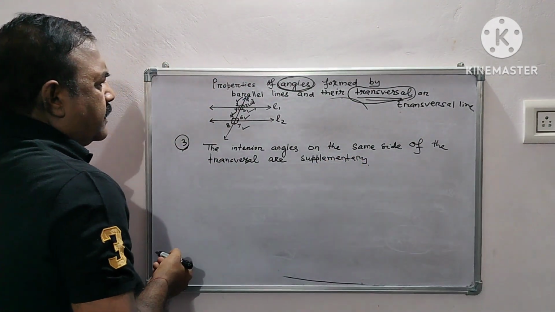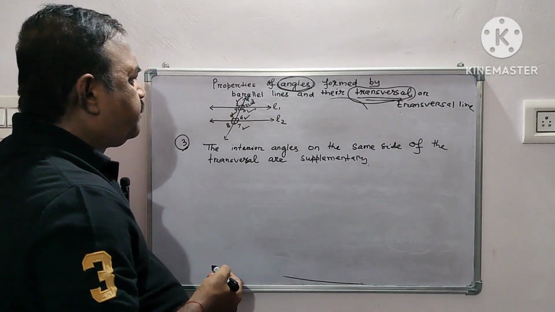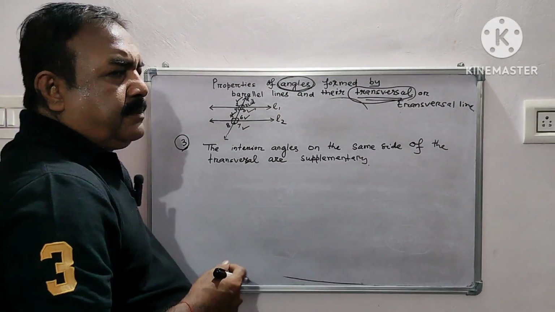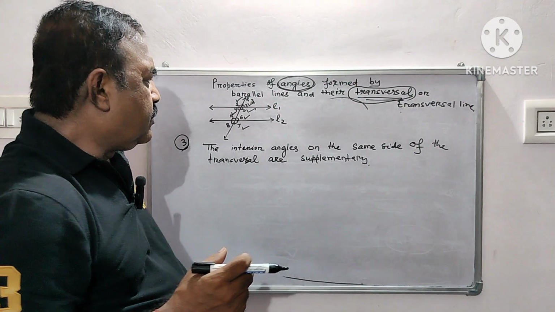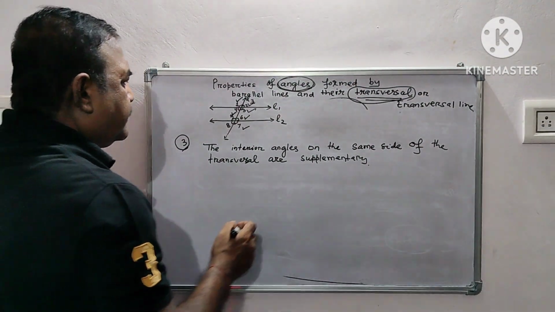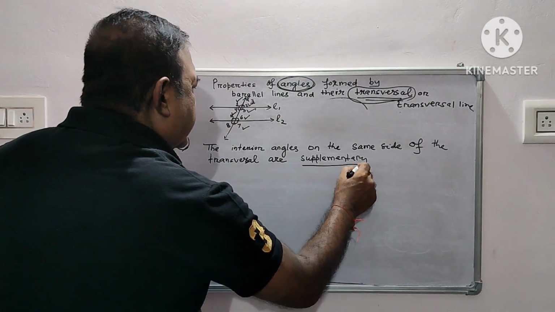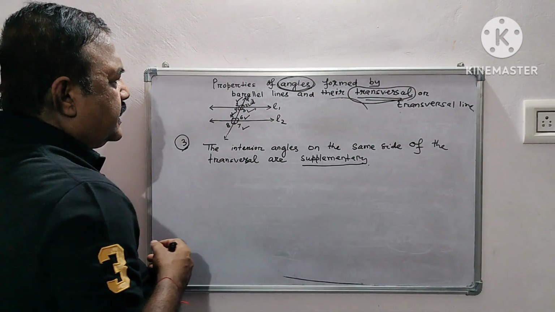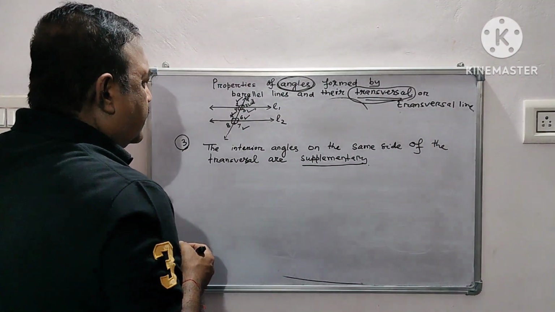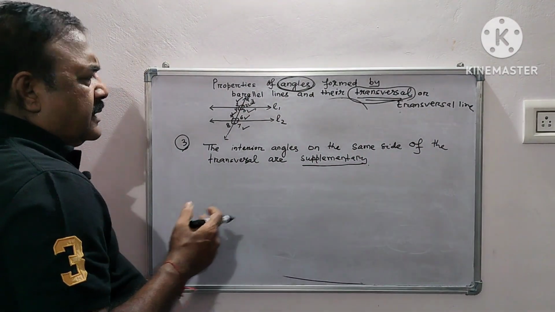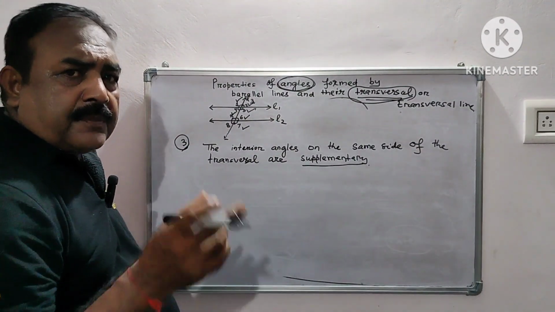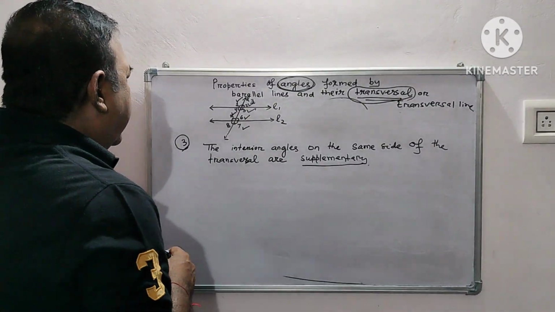When will two angles be supplementary? If the sum of the measure of two angles is equal to 180 degrees. So if the sum of the measures of these two angles is 180 degrees, then we will say that they are supplementary angles, or both the angles are supplementary to each other.